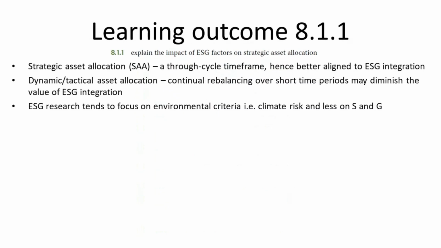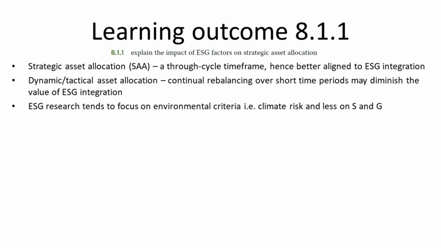So the first one: explain the impact of ESG factors on SAA, strategic asset allocation. There are two approaches, strategic asset allocation and dynamic or tactical asset allocation. SAA itself is more long-term, a through-cycle time frame.